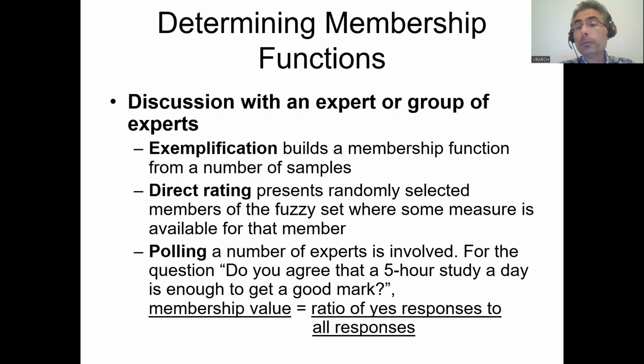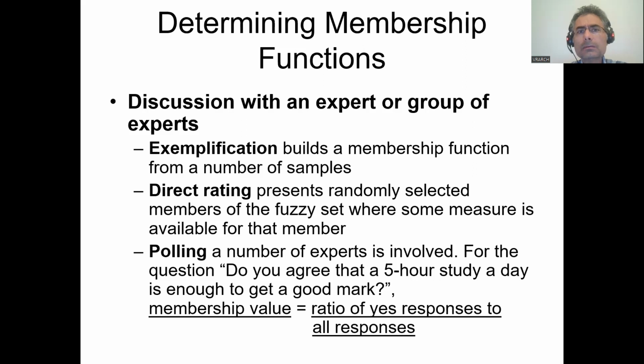and get their opinion. So this is a kind of discussion with an expert or group of experts. It's like surveying, interviewing, and questionnaires and so on. For example, you can go and ask people about a temperature, say 40 degrees.